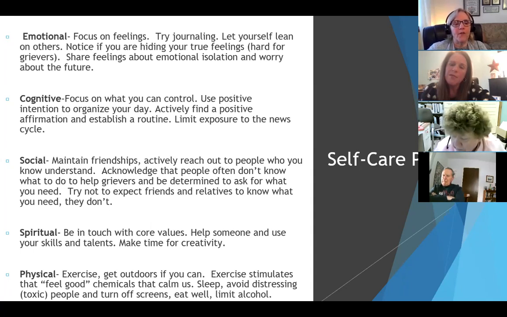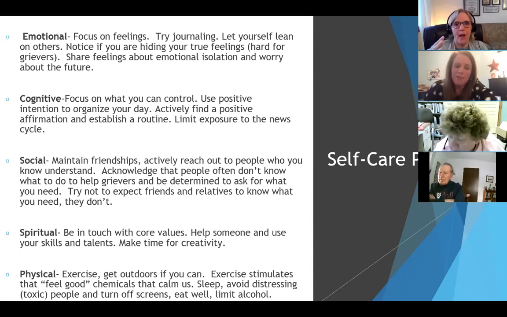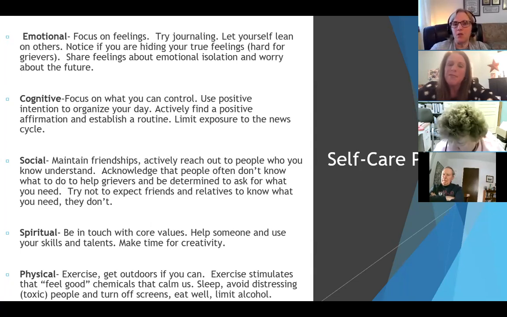And just like grief affects us in these five ways, like we mentioned before, emotionally, cognitively, socially, spiritually, and physically, in each of those areas there are things that are able to mitigate what's happening. So, emotional: focus on your feelings, journaling, let yourself lean on others, and evaluate your definition of strong. That's really important.